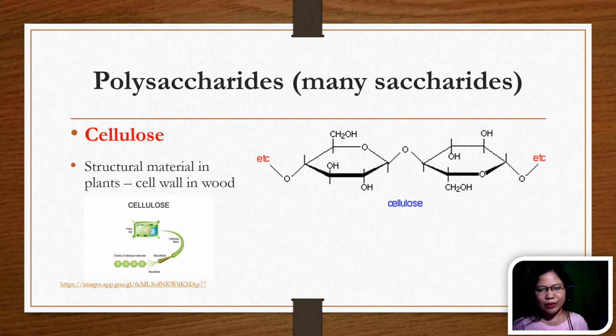For what reason? Simply because the cellulose cannot be digested by humans, because we lack the appropriate enzymes to break down the beta acetal linkages present in the cellulose.